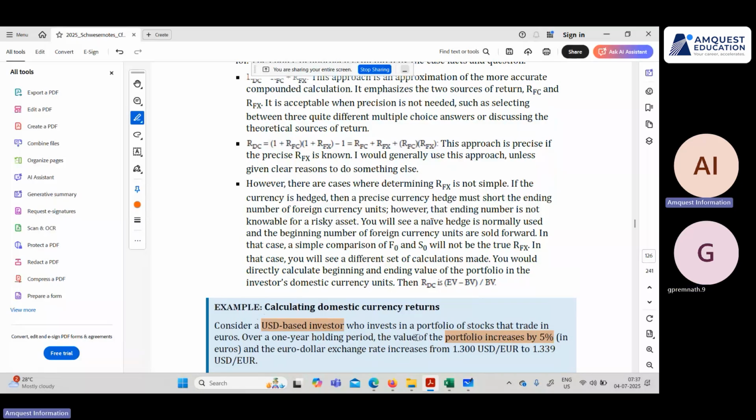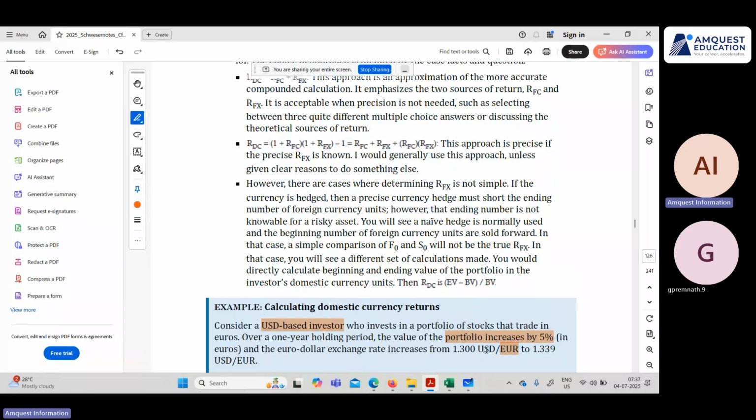So just remember, although this was related to domestic currency and foreign currency, always remember to speak in terms of the base currency. If it had been the opposite, let's say they had given us the quotation as euro by USD, I would have to convert it because base is euro.